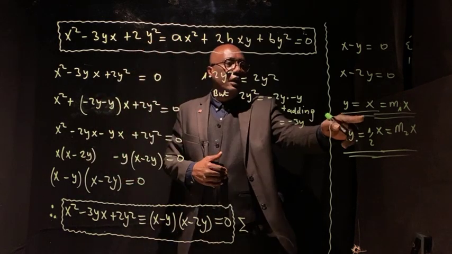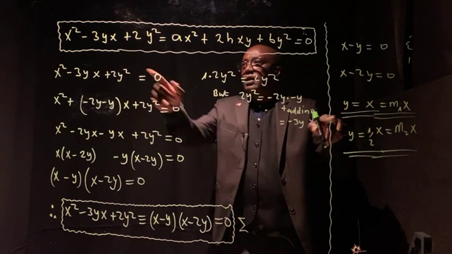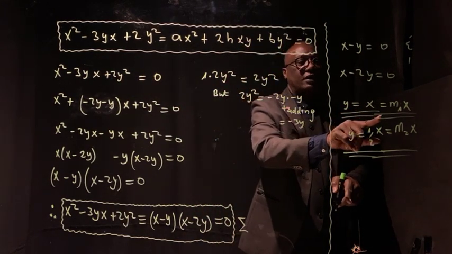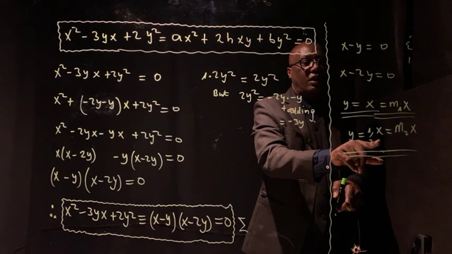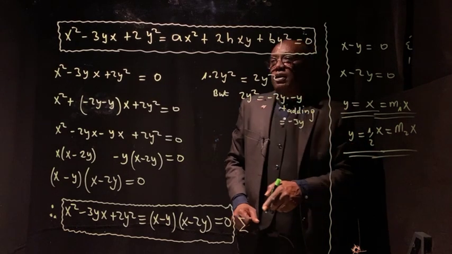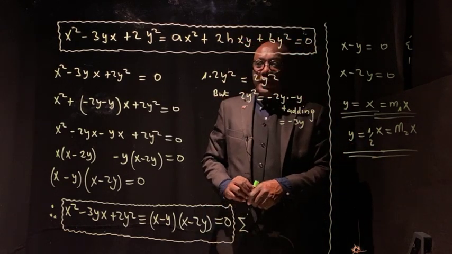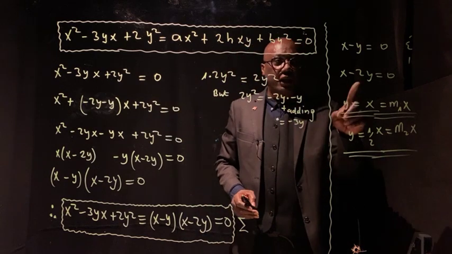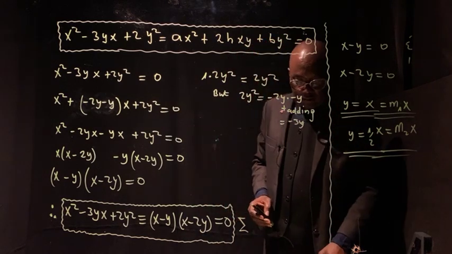We can now see it here. These are the equations: y equals x, y equals half x. Now, take your time, copy it, and then we'll pick it up from here.